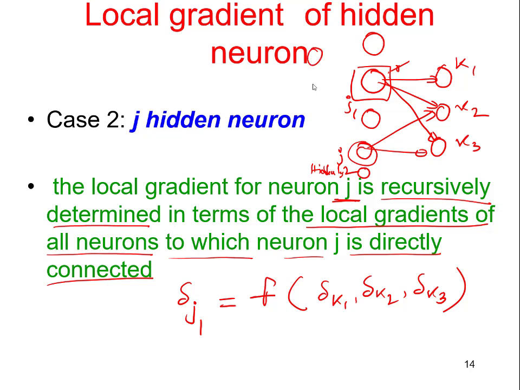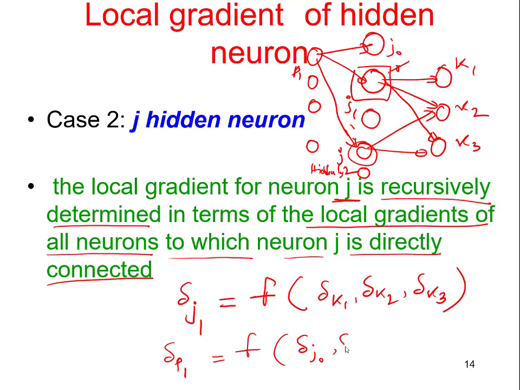If there is another layer with P1 connected to J0, J1 and J2, then delta of P1 will be a function F2 of delta of J0, delta of J1 and delta of J2. We are just naming the functions, so there will be no dispute.